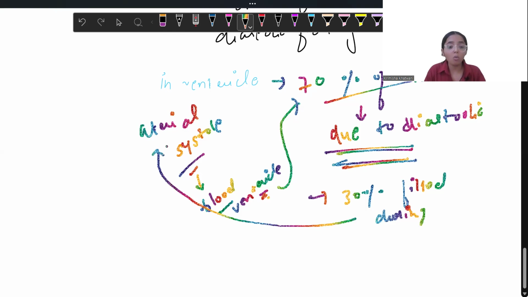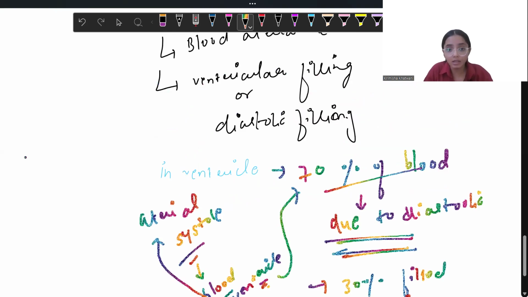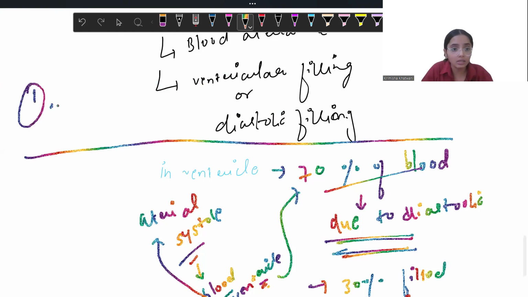Understood? So what happens is, at the end of atrial systole, whatever the blood that is present inside the ventricle, 70% of that blood is due to diastolic filling of the ventricles that occurs during ventricular diastole. Rest 30% of the blood inside the ventricles comes during the atrial systole. Okay, so with diastolic filling, one cardiac cycle ends.